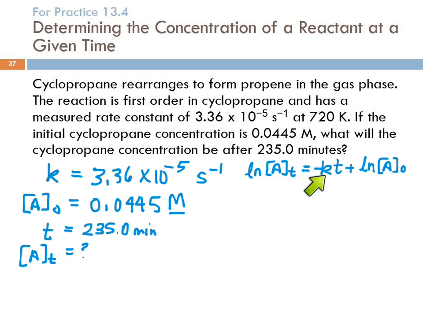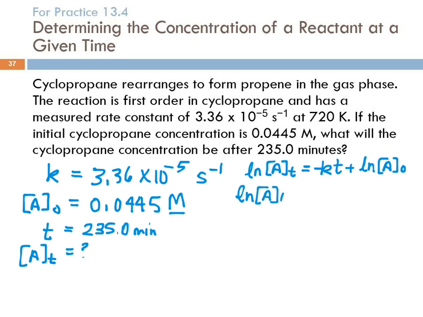Do we know what K is? Yes. Do we know what t is? Yes. Do we know what A0 is? Yes. And we're trying to find this one. So all we need to do is put the numbers in and solve for A at t.